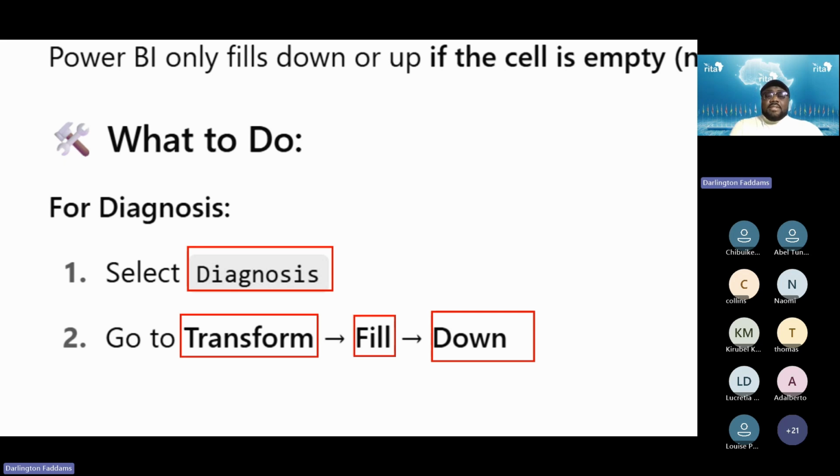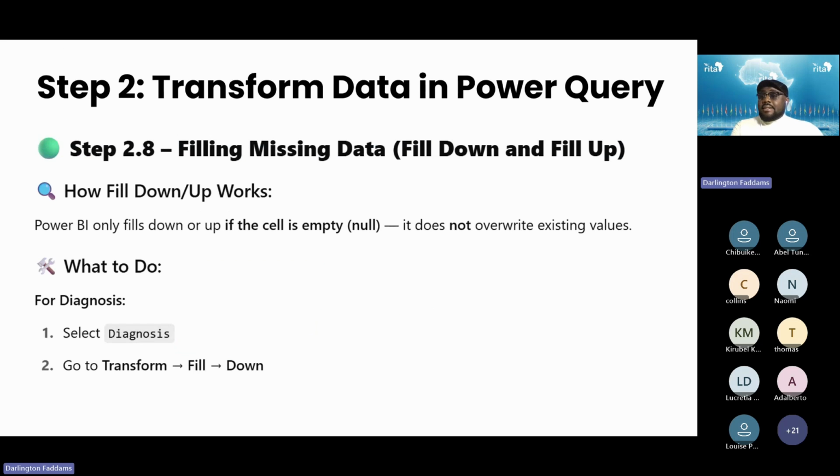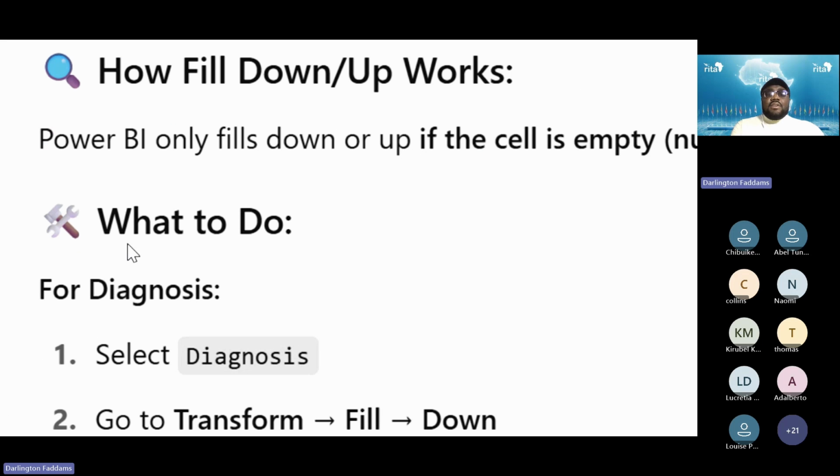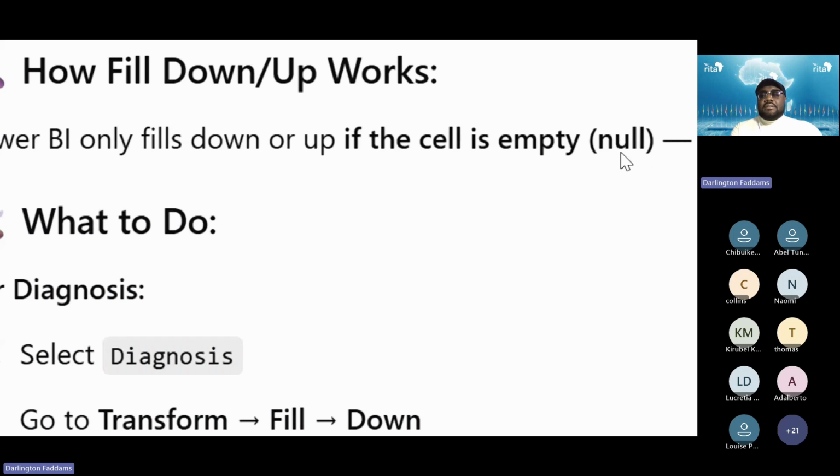All right, so let me tell you why it is failing. Meanwhile, it is supposed to be working. The reason why it is failing, again, I want you to type null in the chat for me. Thank you, Newman. It is failing because of null. Power BI only fills down or up if the cell is null.